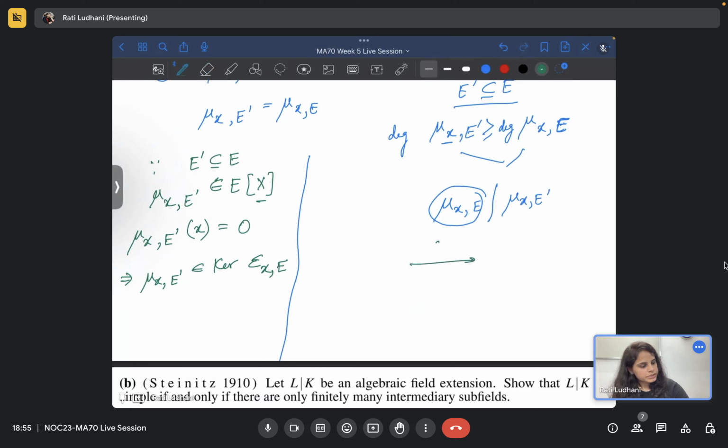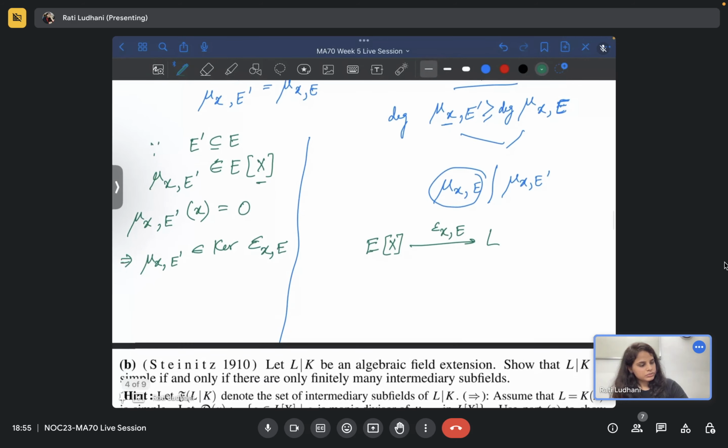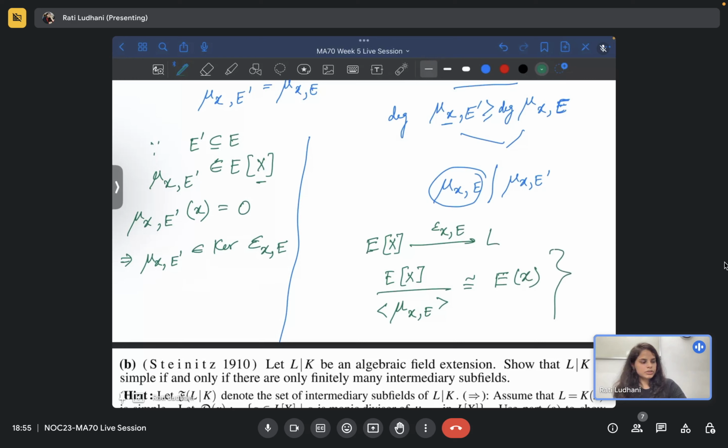So you have the map from E[x] to L, and from this you get that E[x] modulo mu(x, E) is isomorphic to E(x). This is the thing you always have. We can also do this using the division algorithm.